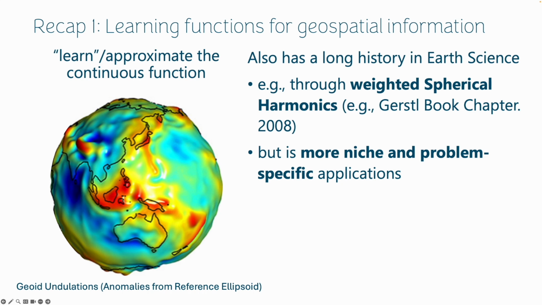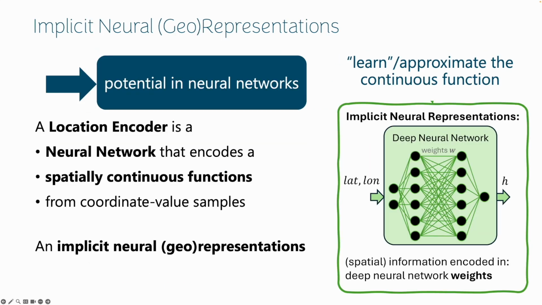Especially in this second field of approximating continuous geospatial functions, there's potential in neural networks, to use them as a new family of very effective universal function approximators to store geospatial information in their weights. That is essentially a location encoder. It is a neural network that encodes this spatially continuous function from coordinate value samples. In that case, it's an implicit neural geo-representation.